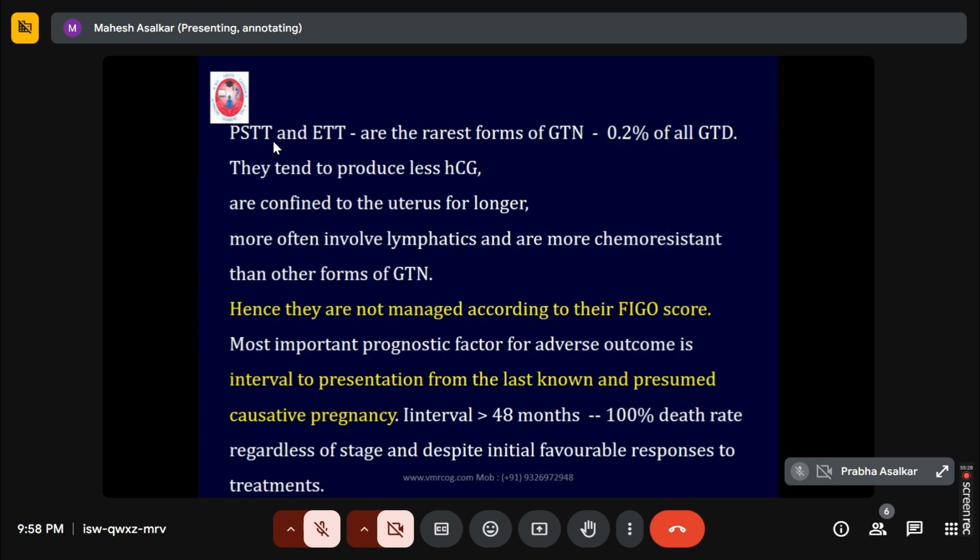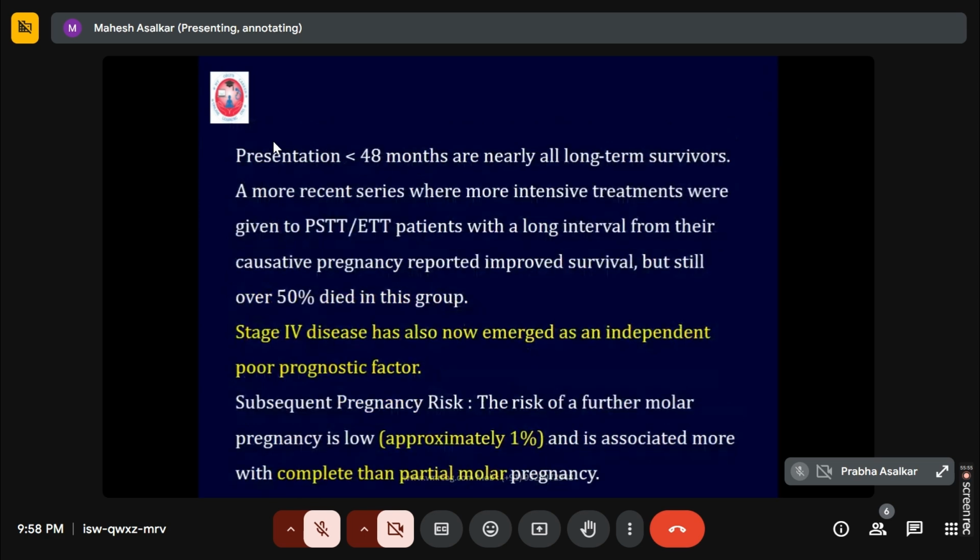The most important prognostic factor for adverse outcome is the interval to presentation from the last known or presumed causative pregnancy. If the interval is more than 48 months, there is a 100% death rate regardless of the stage and despite initial favorable responses to the treatment. So PSTT and ETT will have a poor prognosis if they present after more than 48 months.